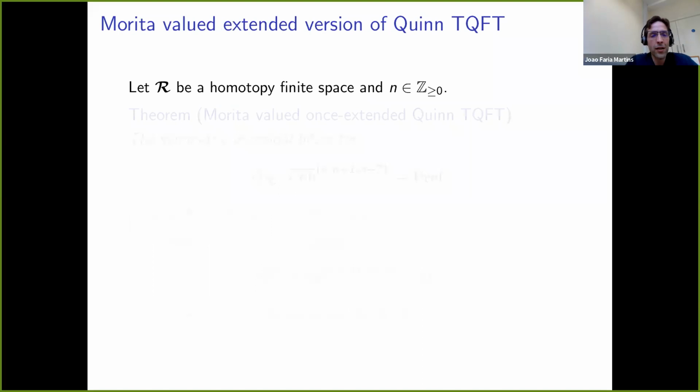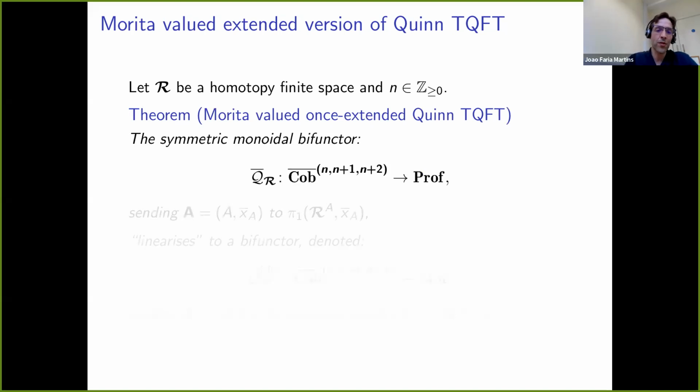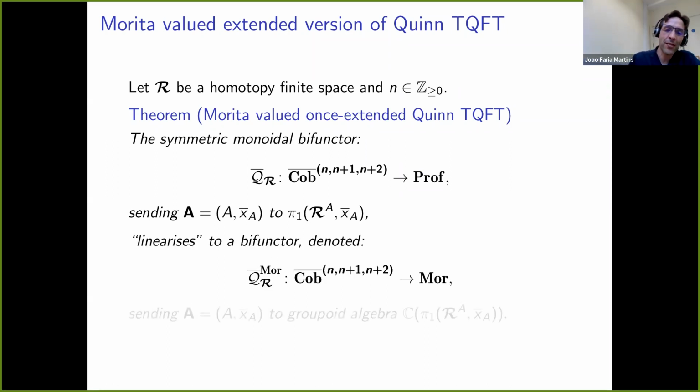Right. So now what is this Morita version? So there's yet another symmetric monoidal functor from this bicategory of decorated manifolds, cobordisms, and extended cobordisms. Oh, sorry, I'd forgotten the way I had stated this. What I want to say is that this initial unitary version of the Quinn finite homotopy TQFT can be linearized.